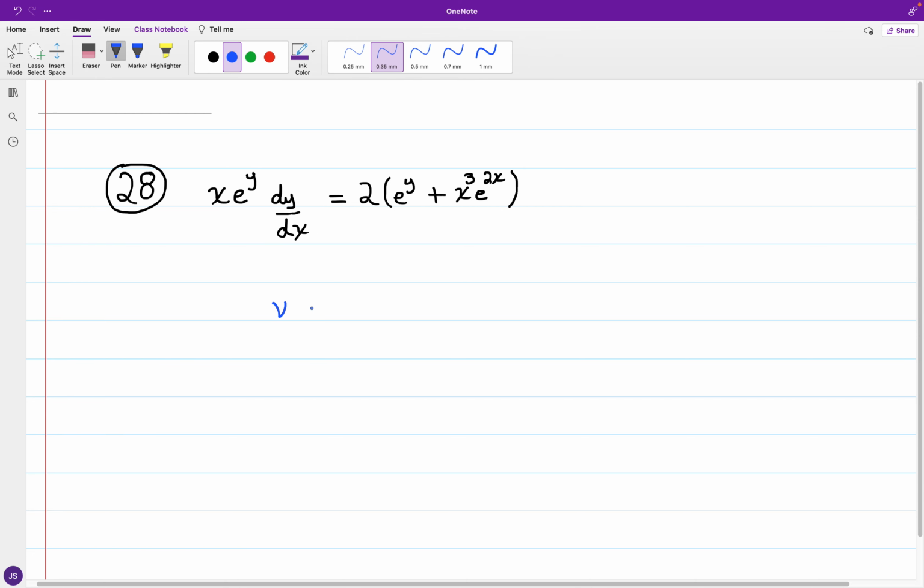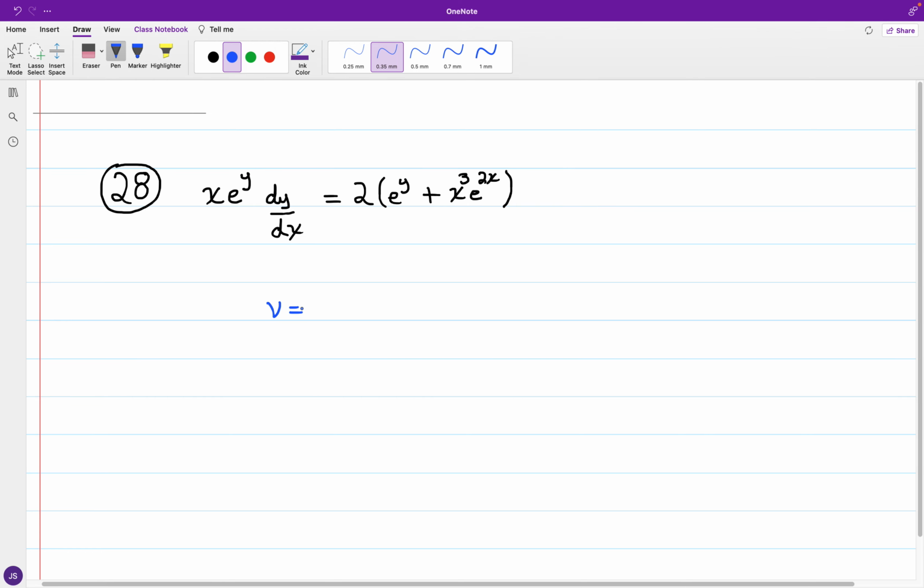If we let v be equal to e to the y, and we take the first order derivative with respect to x, we have dv over dx is equal to e to the y dy over dx.